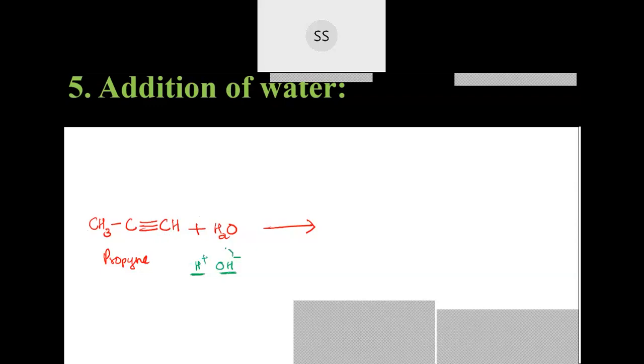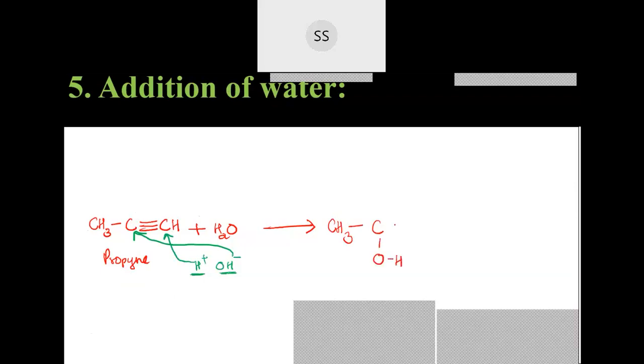Yes, so OH minus should go towards this carbon, which doesn't have a hydrogen. Okay, so that means it has less hydrogen. And here this H plus should go to CH. Yes, so what you are going to get will be CH3, then you will get COH.